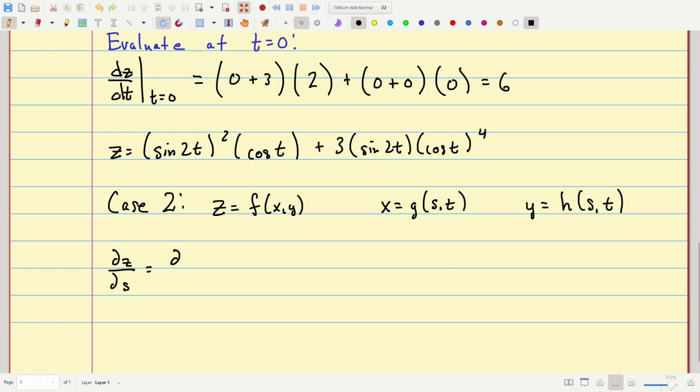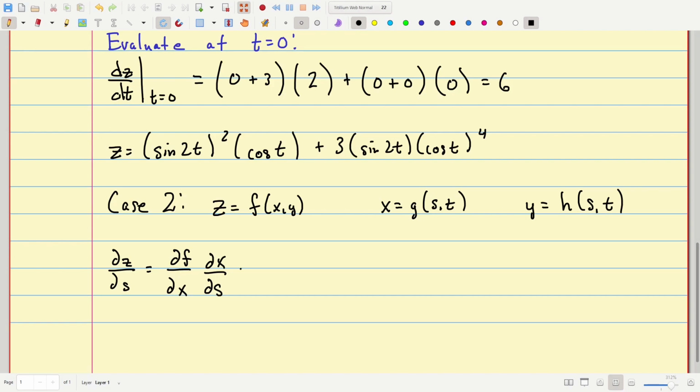And so we're going to get 2 terms, or 2 different expressions here. We're going to have partial z partial s is equal to partial f partial x, and then partial x partial s, because x also ultimately depends on more than 1 independent variable.